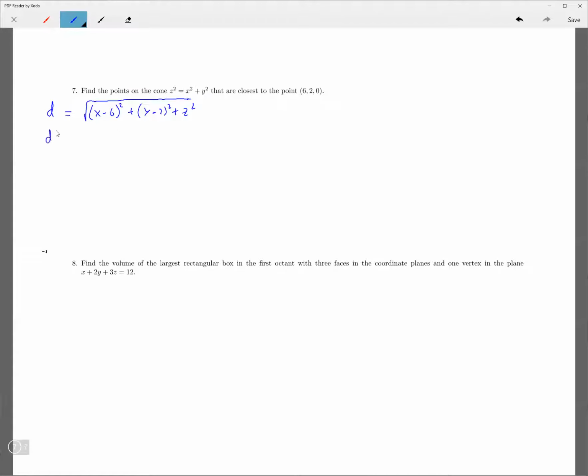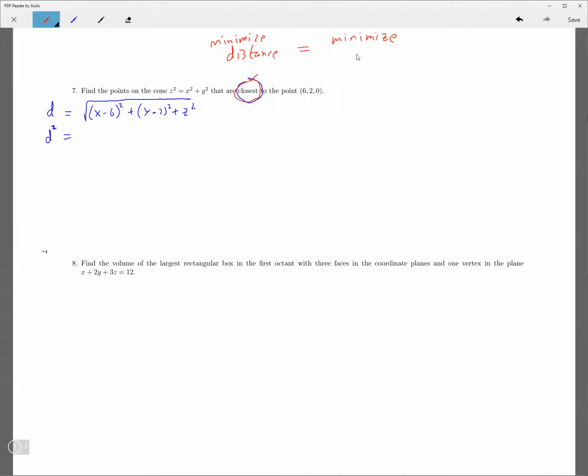Now, what you typically do is this. There's a trick right here. Whenever it talks about distance, where it says closest, that's referring to distance. It says closest, so your objective is to minimize the distance. Now here's a trick that's very helpful.